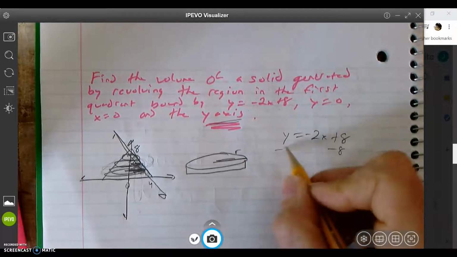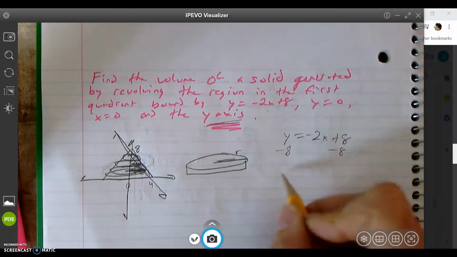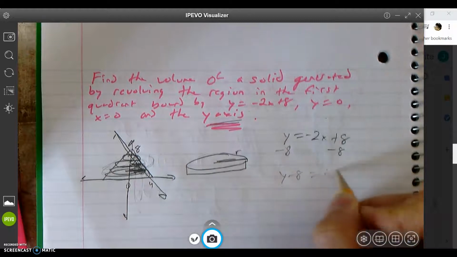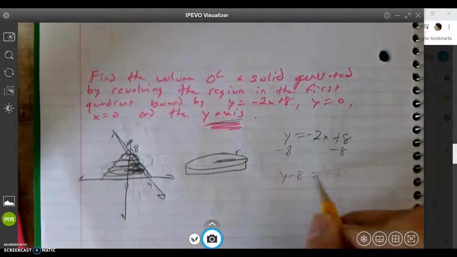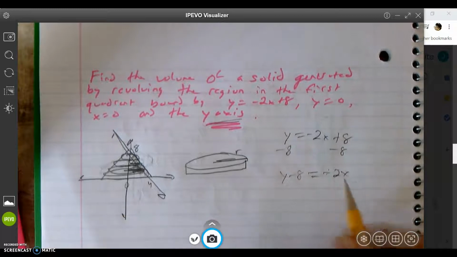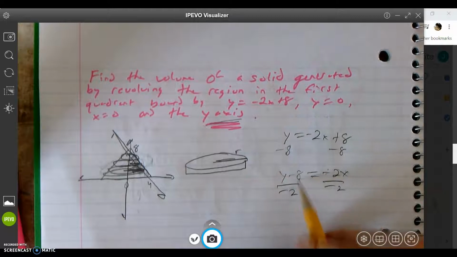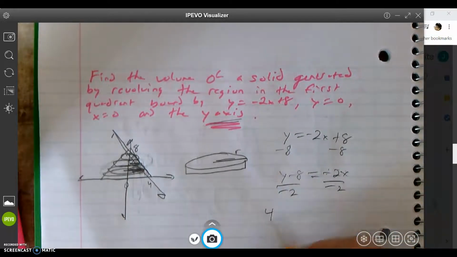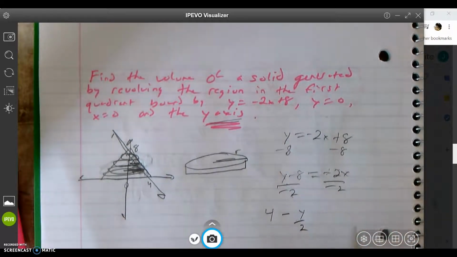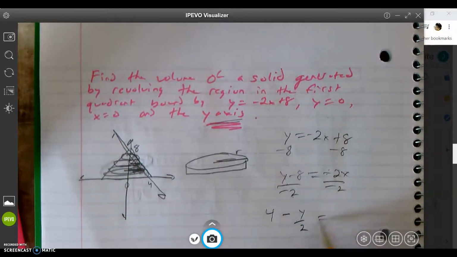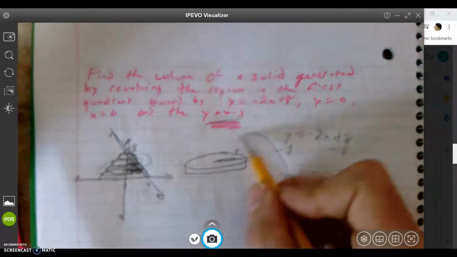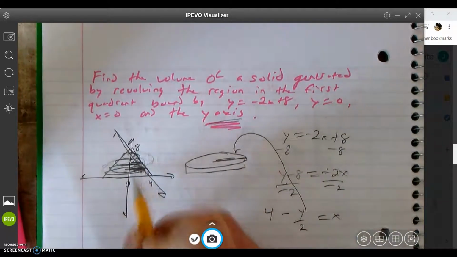So minus 8 on both sides: y minus 8 equals negative 2x. Divide by negative 2. Negative 8 divided by negative 2 is 4, and y divided by negative 2 is minus y over 2, equals x. That's going to be my radius, because that's top minus bottom.